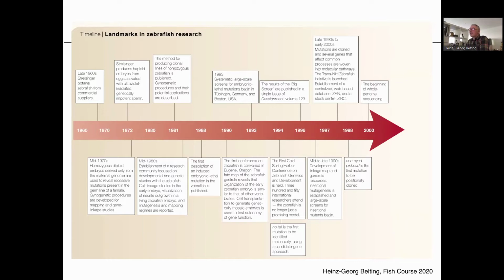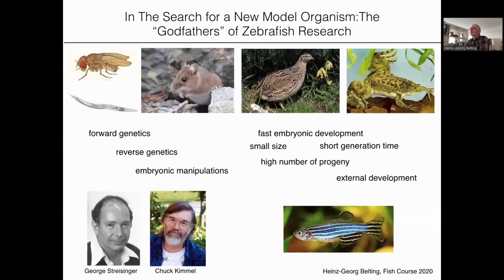I skipped these things here. So why were people interested in using zebrafish as a model organism? One thing is we wanted a vertebrate organism where you could do forward genetics and also embryonic manipulations.